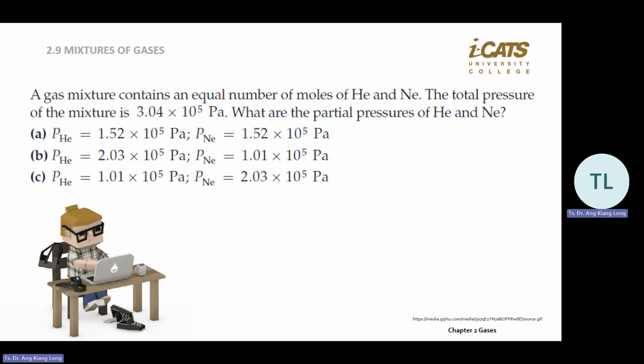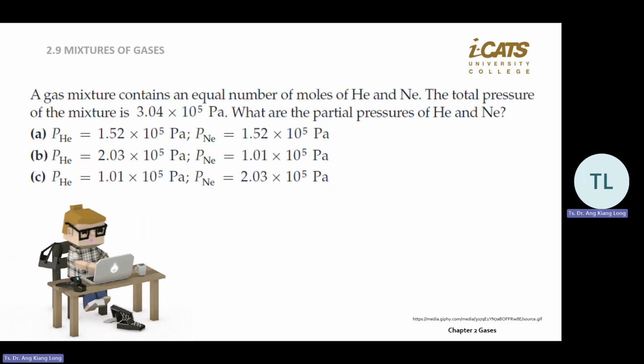What is the partial pressure of He and Ne if you use the Dalton partial pressure equation? This is very direct. So what is the answer? A, B, or C? What does Dalton law of partial pressure give you?